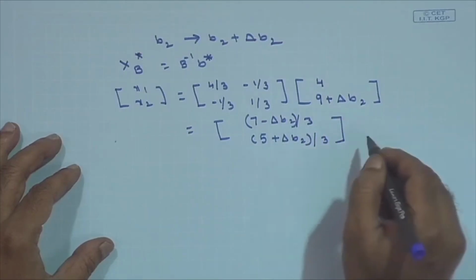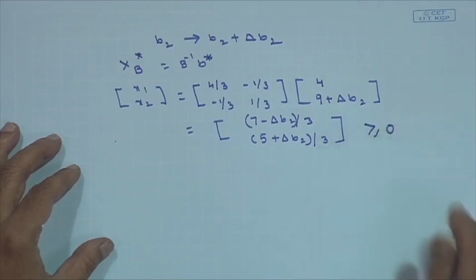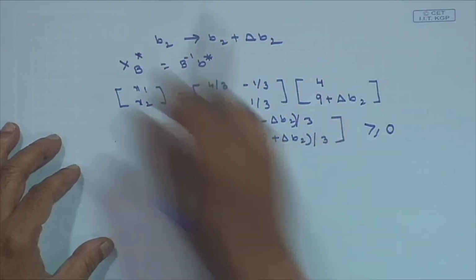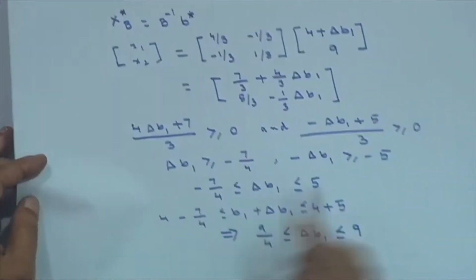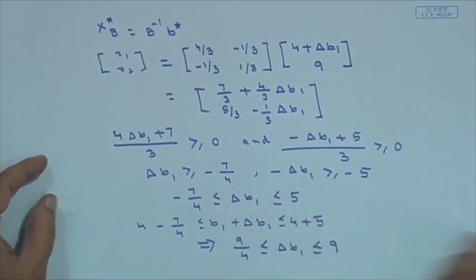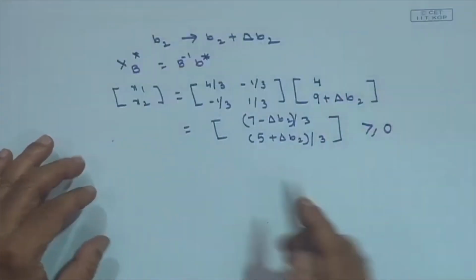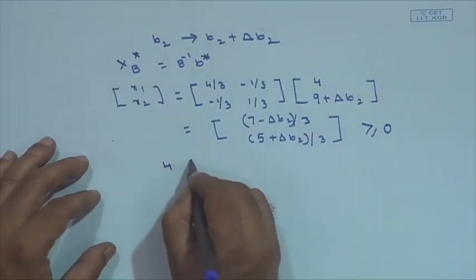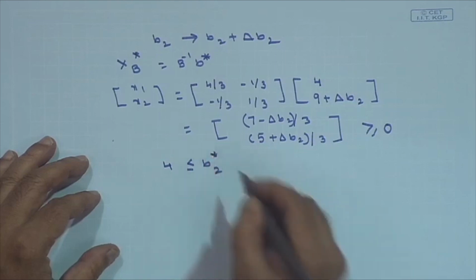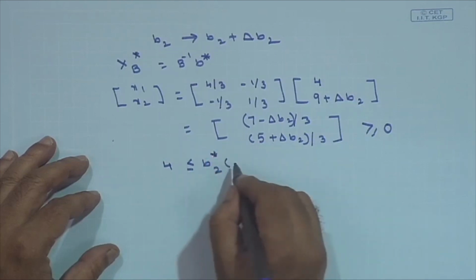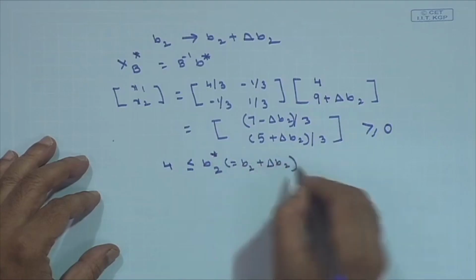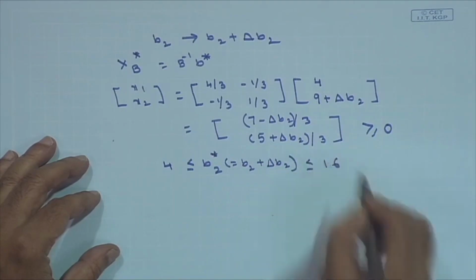Now, for feasibility this should be greater than or equal to 0, and following the same method as earlier, you can get the lower bound and upper bound. If you combine both of them, then ultimately you will find 4 less than or equal to B2 star, which is nothing but B2 plus delta B2, less than or equal to 16.